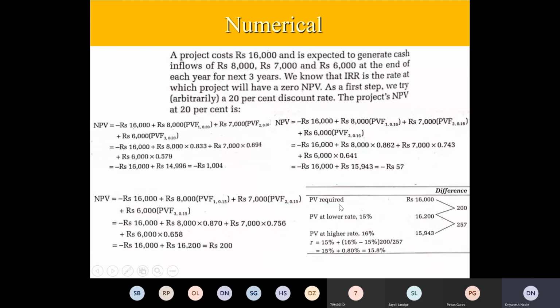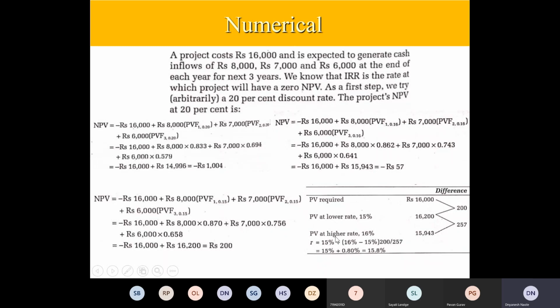Okay, so now PV, let us understand this. PV required is 16,000. This value I am telling 16,200, 15,943, 14,996. Here we need exactly 16,000. Then 16,000 minus 16,000 will be 0. So at 15%, what is the value? 16,200.